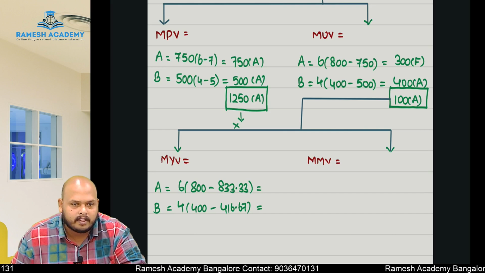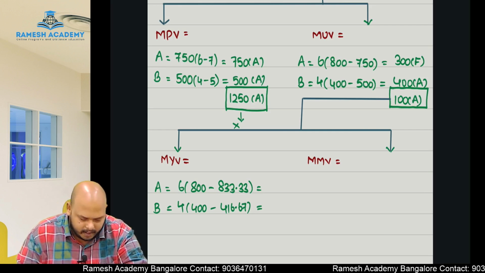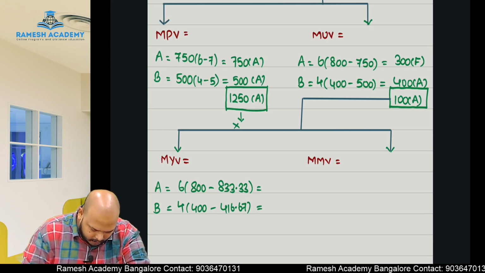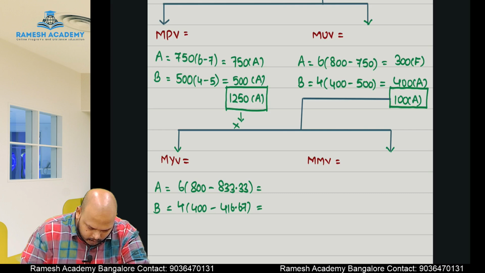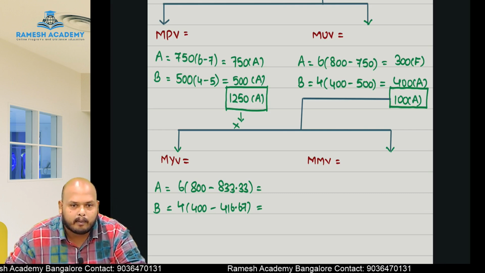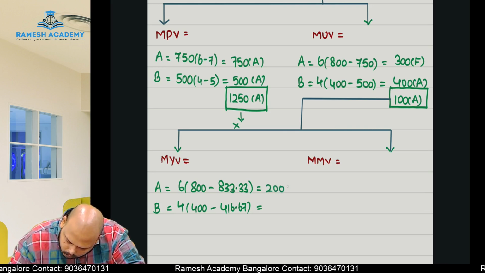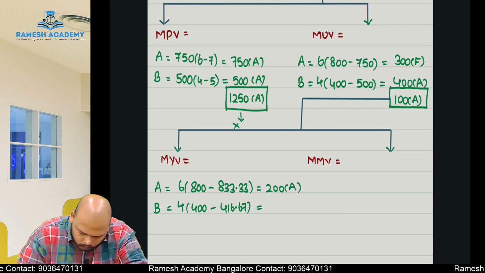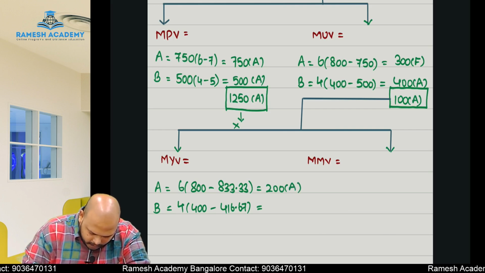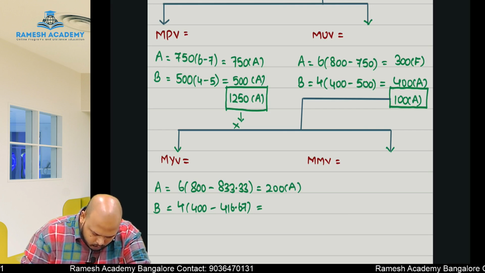This is called as a which variance? Yield variance. 800 minus 833.33 into 6. So that is nothing but 199.98, that is nothing but 200 adverse. 400 minus 416.67 into 4.